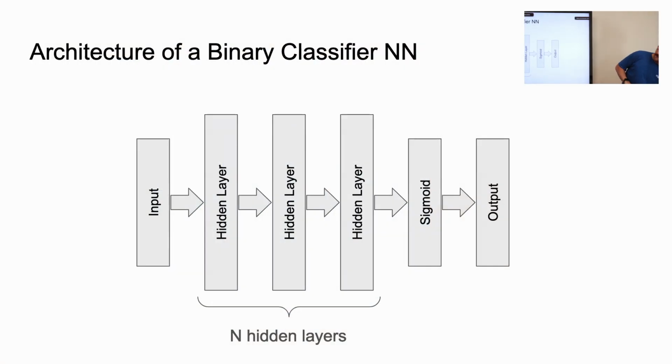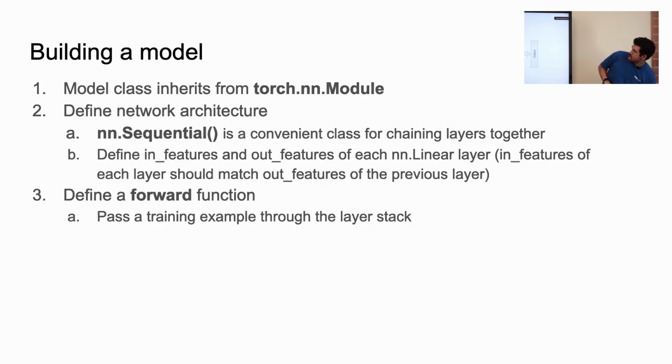And then you will calculate the loss on those probabilities. So the key components of building a model in PyTorch include defining your model class, which will inherit the torch nn module.